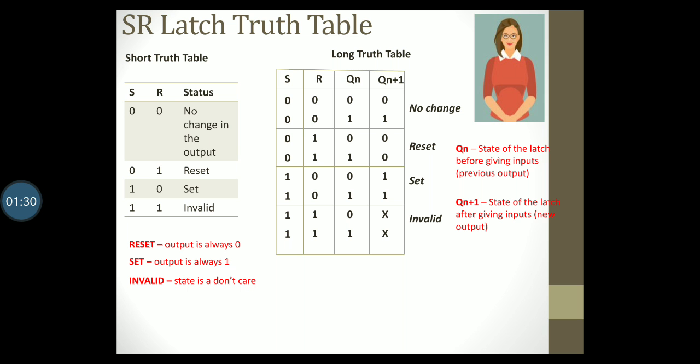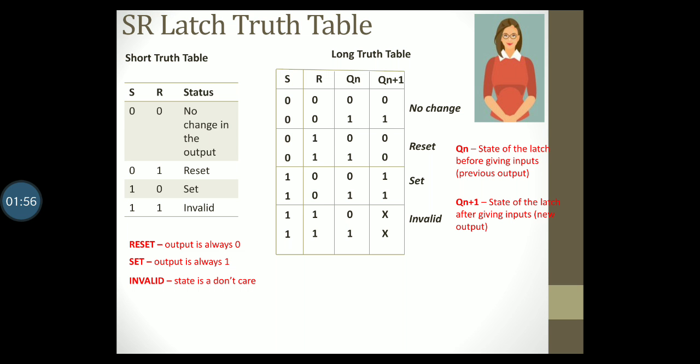Remember here that reset state means that the output of the circuit is always 0. The third row says that if S is 1 and R is 0, then the status of the latch is said to be set. Remember that the set state means that the output of the circuit is always 1.